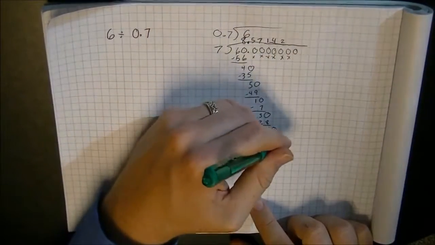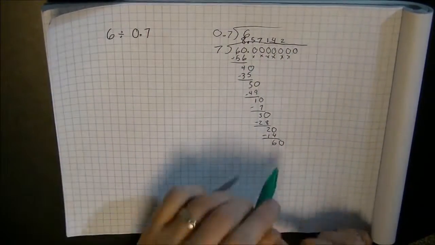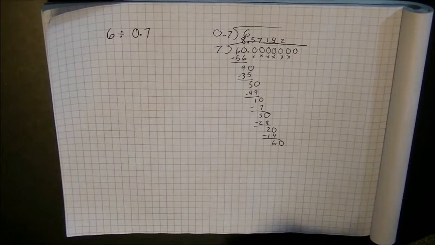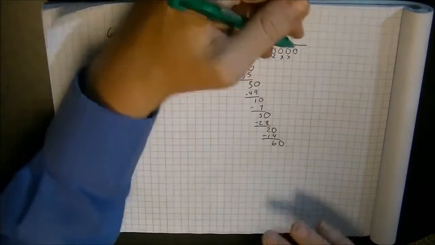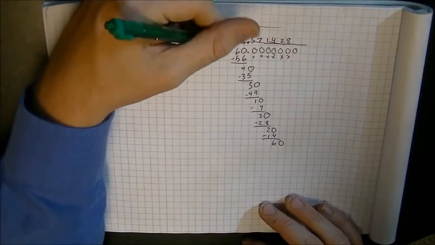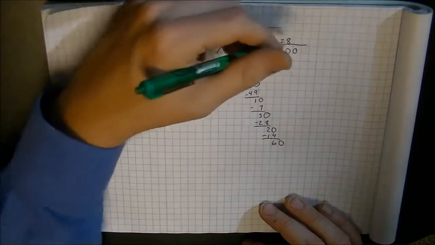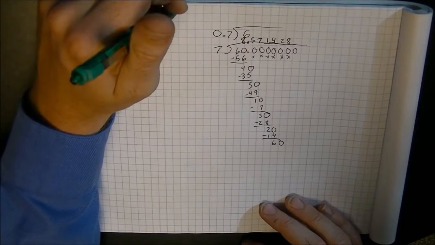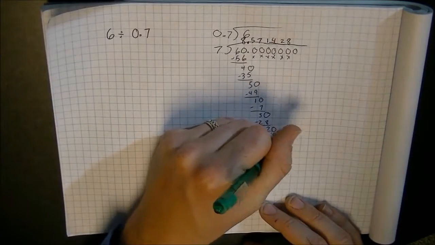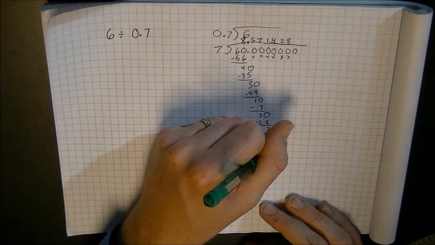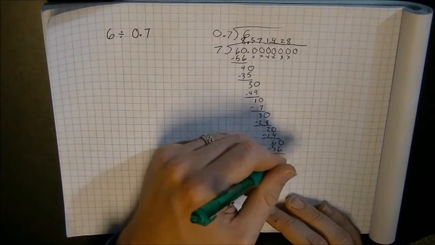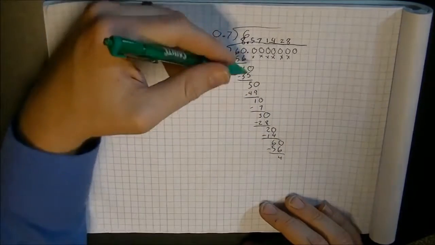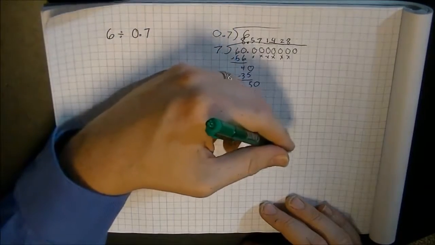Bring down the 0. 7 goes into 60 how many times? Well, it goes in 8 times, because that's what we had up here. And 8 times 7 is 56. And if I subtract 56, I get 4. And I'm going to be right back to where I was before, with 40.